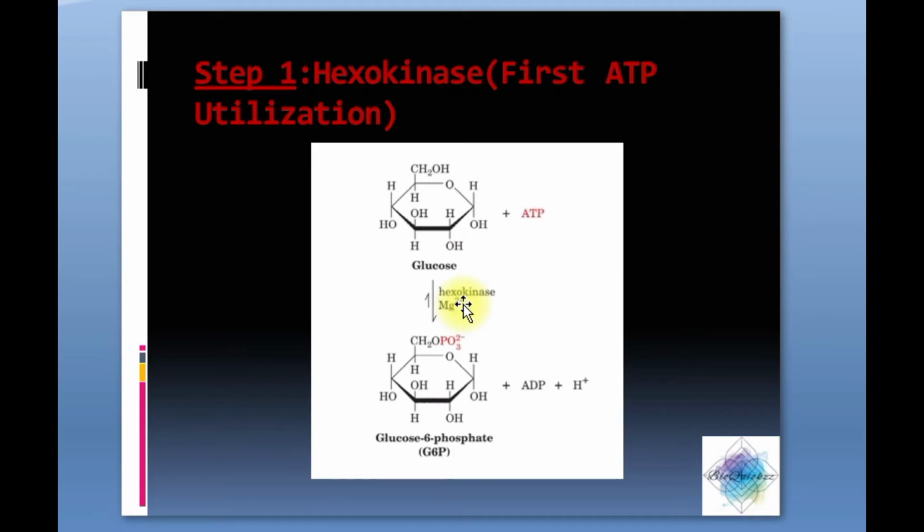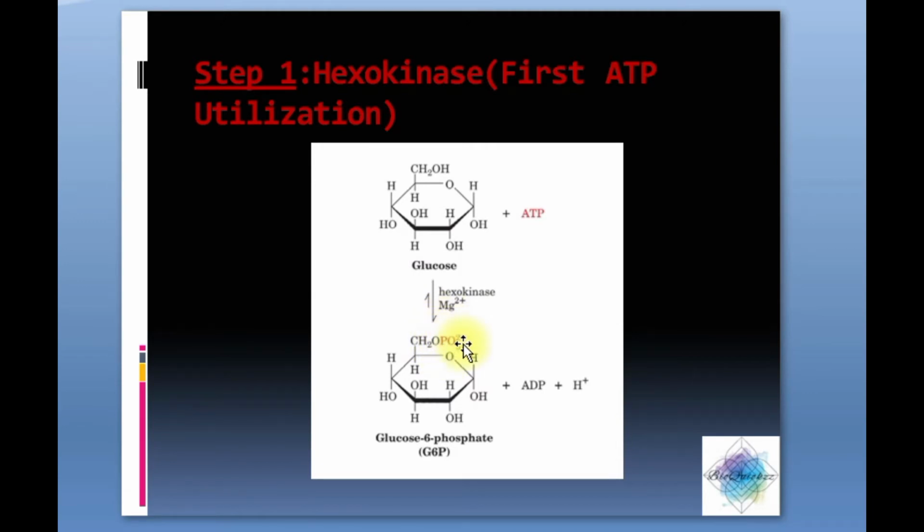Hexokinase belongs to a group of enzymes which is known as kinase. Its work is to transfer a phosphoryl group between ATP and a metabolite. Here the metabolite is glucose. It transfers the phosphate group from ATP to glucose. Here we can see in glucose 6-phosphate, at C6, a phosphate group.